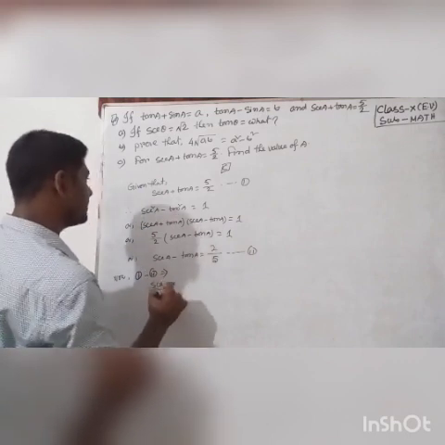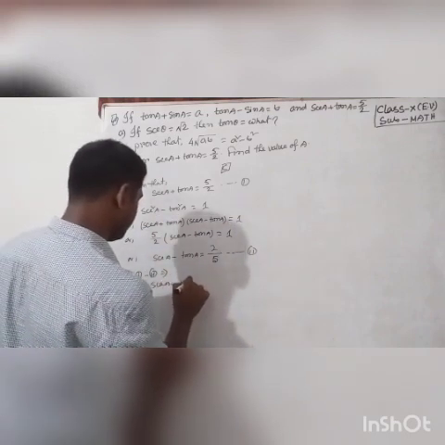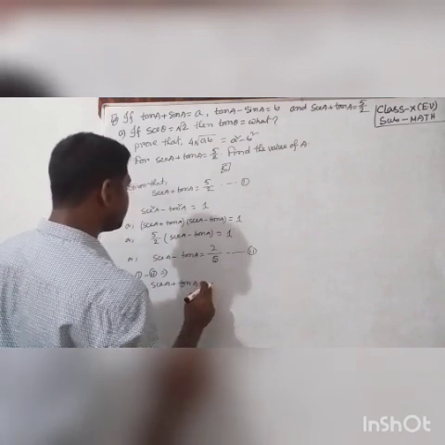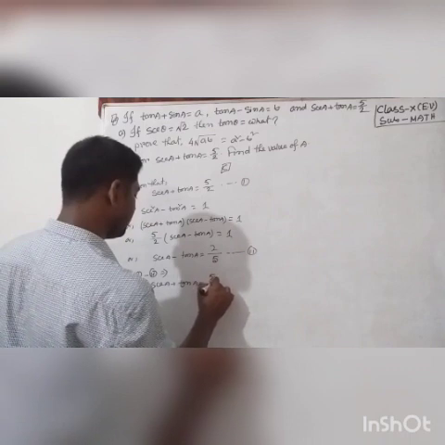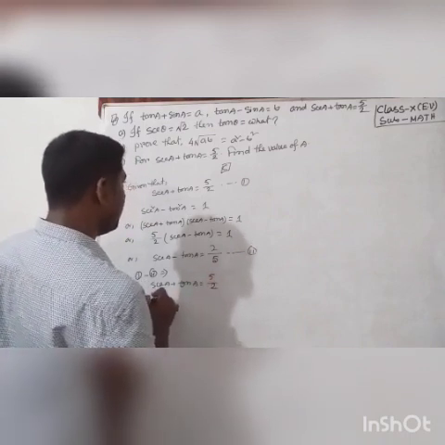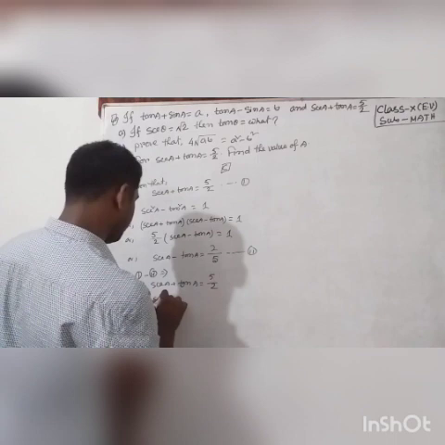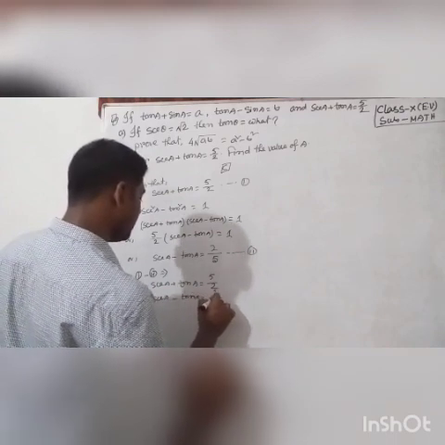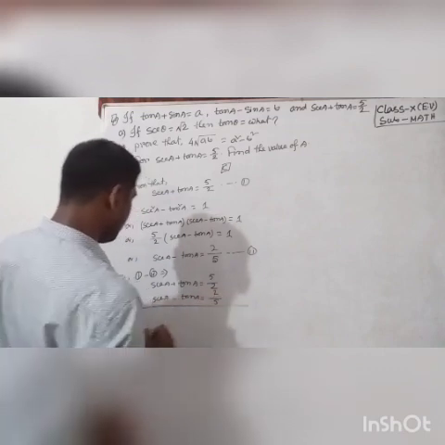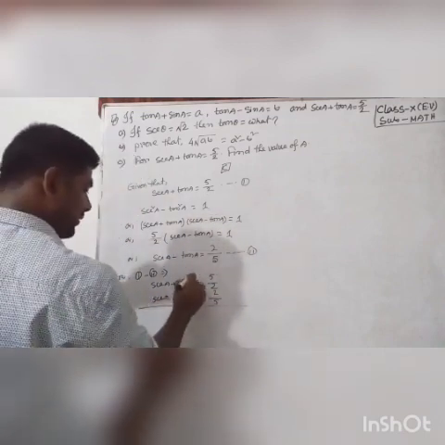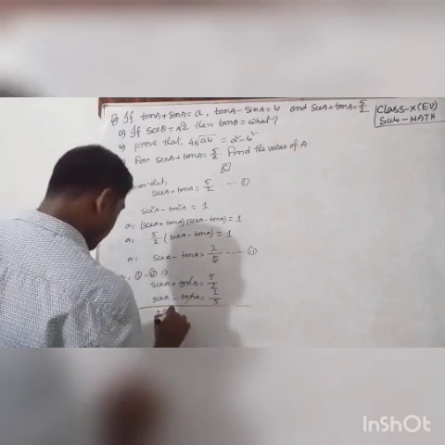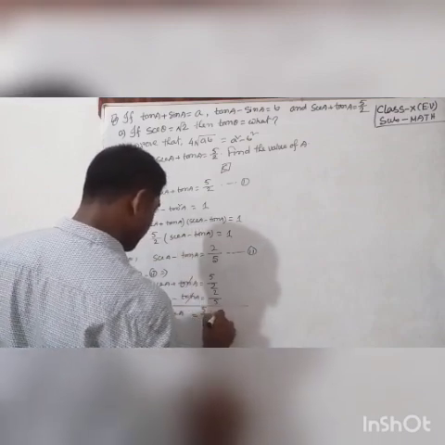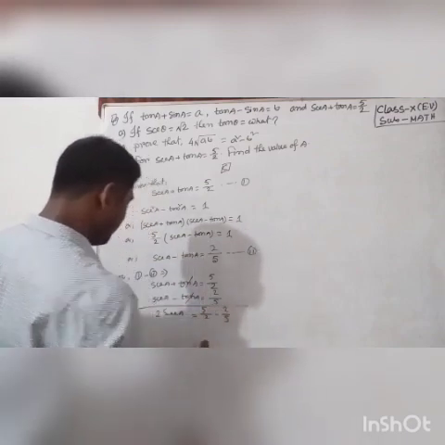Sec a plus tan a equals 5 by 2, sec a minus tan a equals 2 by 5. Finally subtracting, the tan terms cancel out and it will be 2 sec a equals 5 by 2 minus 2 by 5.